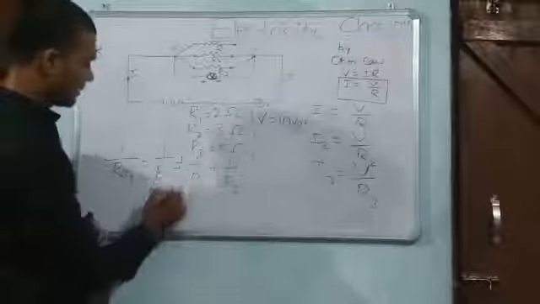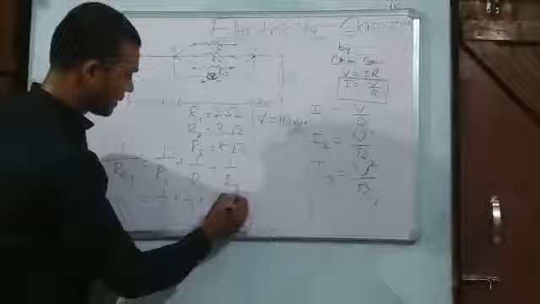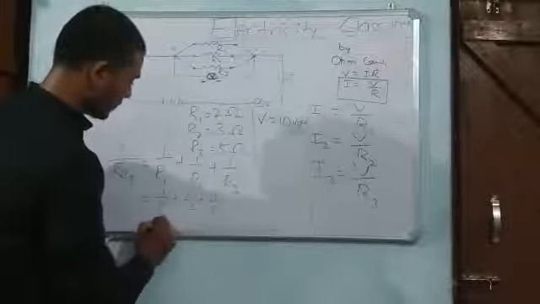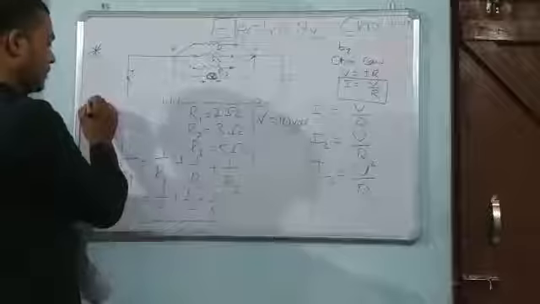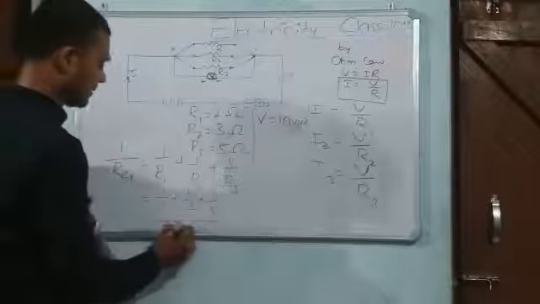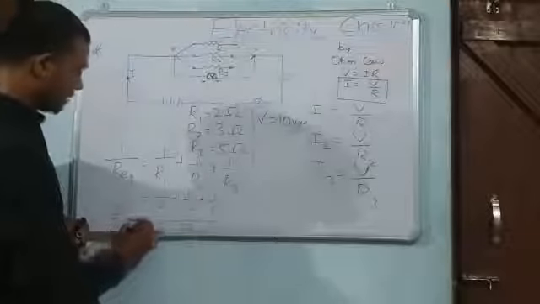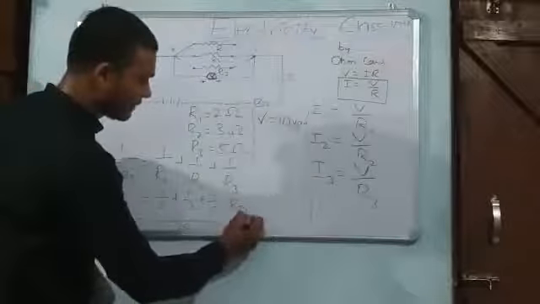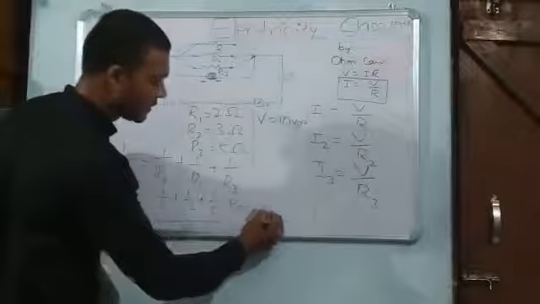1 upon R1, 1 by 2, plus 1 by 3 plus 1 by 5. Okay, so which is 1 upon 30 and 1 upon R equivalent. So R equivalent is equal to 30 ohm.